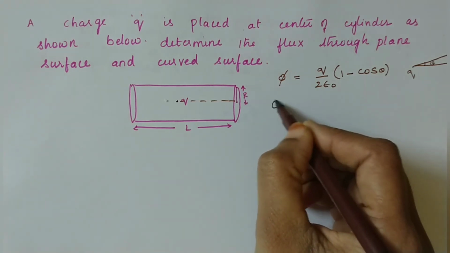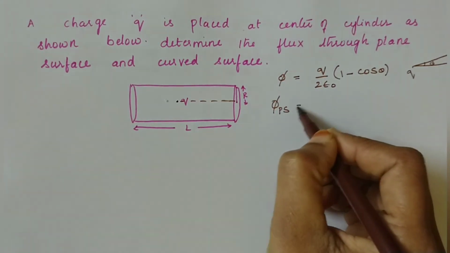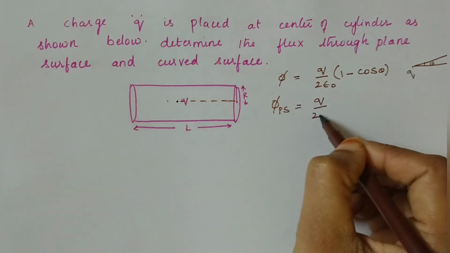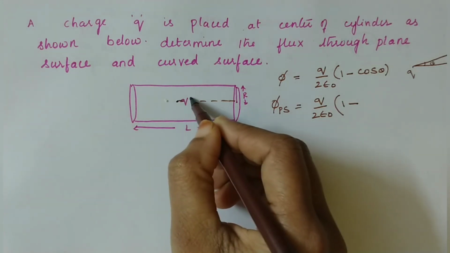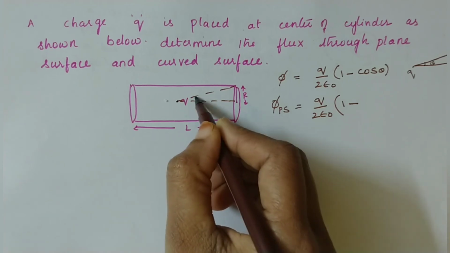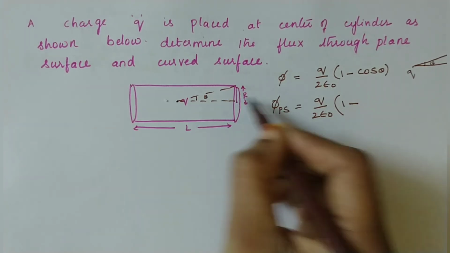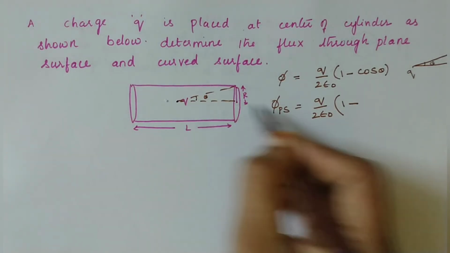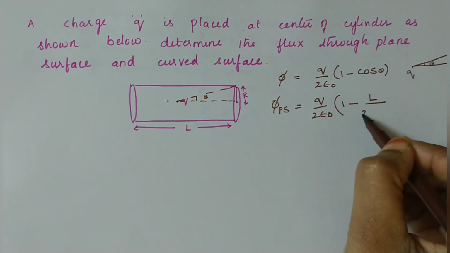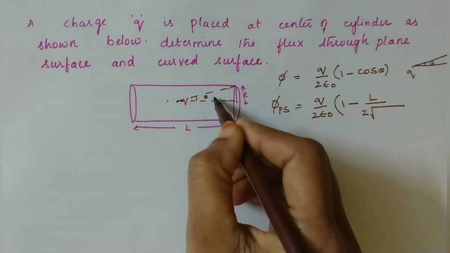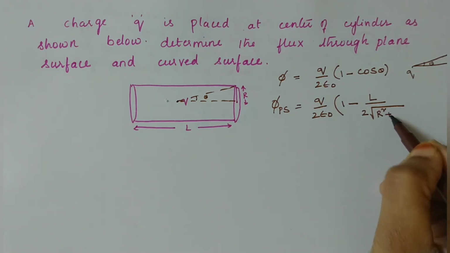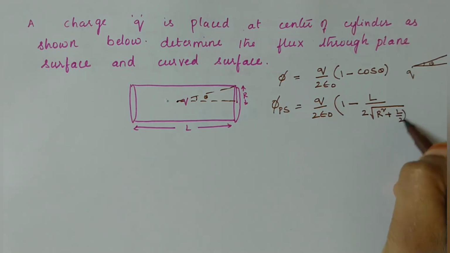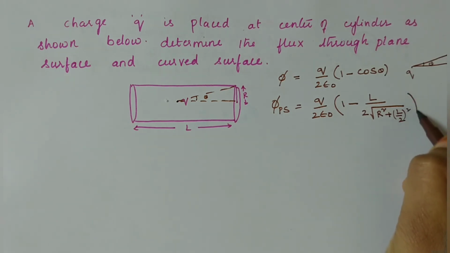Flux through the plane surface of the cylinder is q by 2 epsilon naught into 1 minus, what is cos theta from this triangle? If I take this angle as theta, it is adjacent side, that is L by 2, under root hypotenuse is r square plus L by 2 whole square.